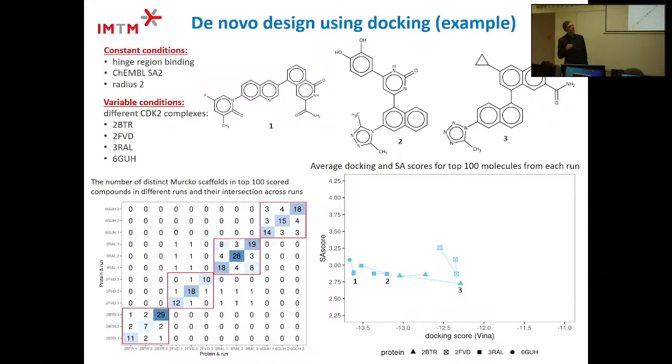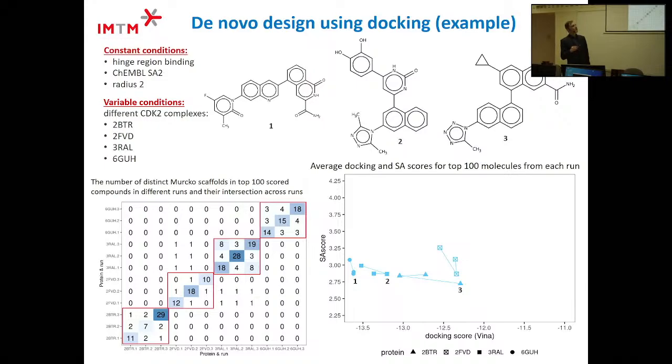Again, here is the average of the top 100 compounds according to the docking score and the average synthetic accessibility score. And as you can see, the synthetic accessibility scores, if you use the same constraints, are pretty similar across different runs, but the docking score is pretty much different. So that suggests that using multiple protein structures might be reasonable in that case because we can miss some good compounds in this way.